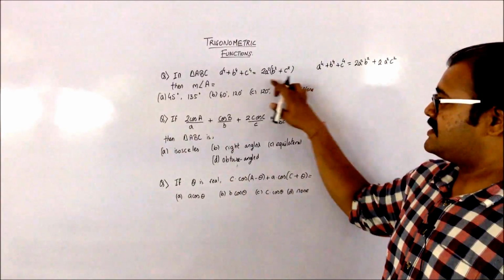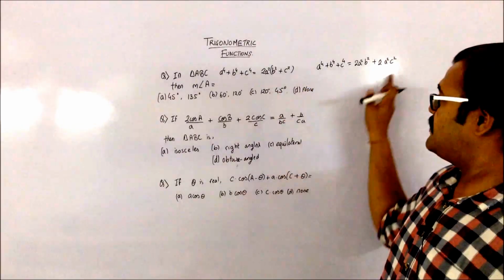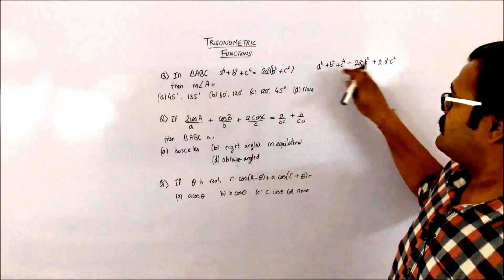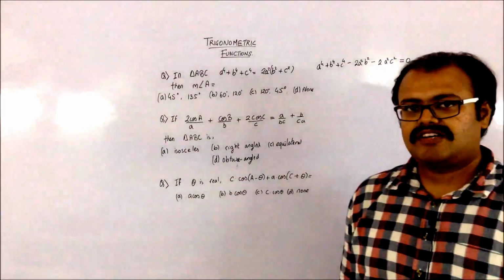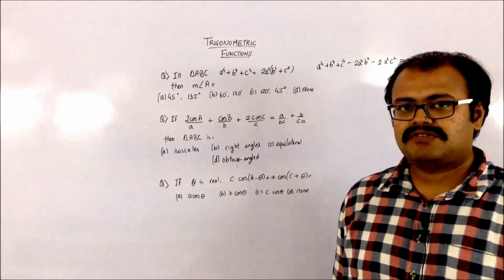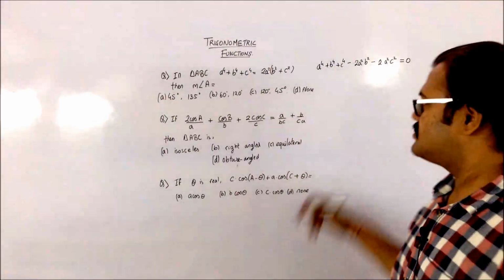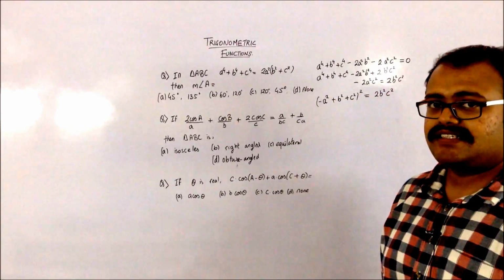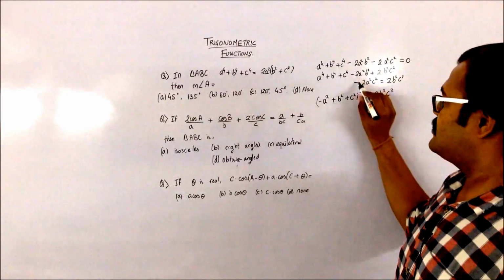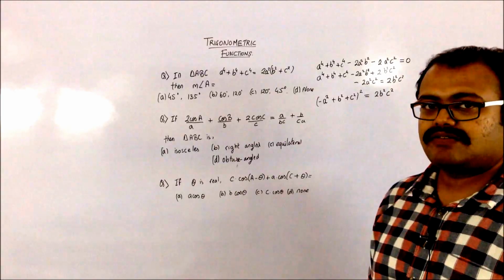So I have expanded my RHS. I will be taking that on this side, so I will be getting a minus, and minus of this equal to 0. So next what I am going to do is add on both sides 2B square C square. So after solving this, what you can see is that on the LHS part, you are having the negative terms with the A square only.